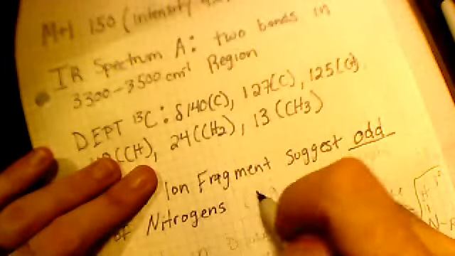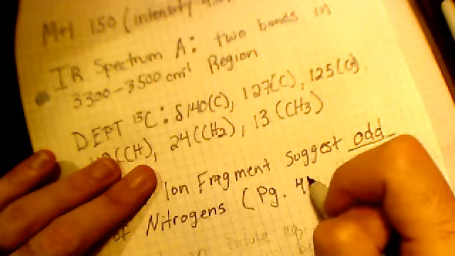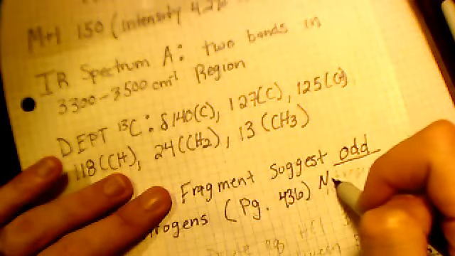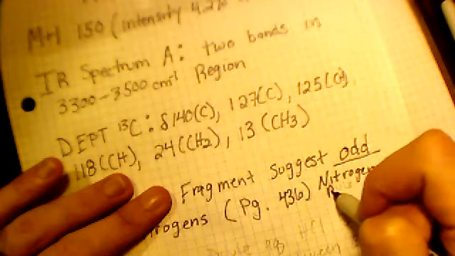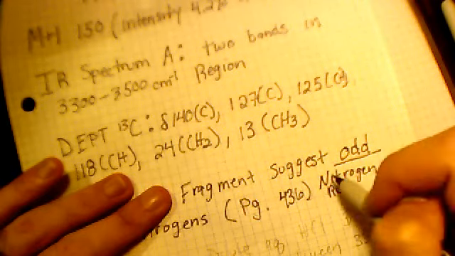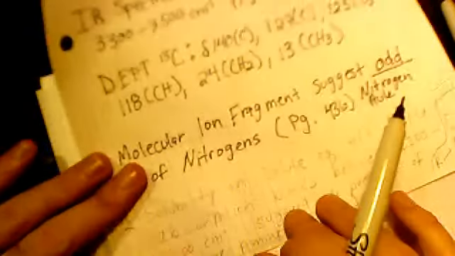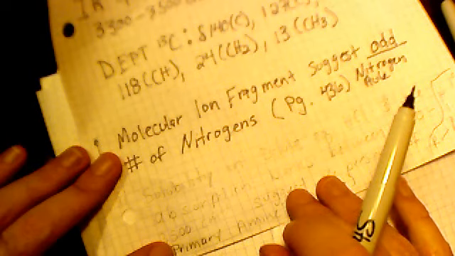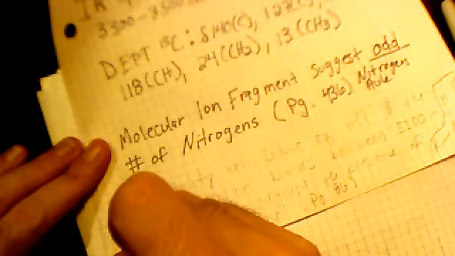I got that from page 436 in our textbook, and that is the nitrogen rule. If you're just watching this and you're not in our class, I'll post that information sometime in the future.